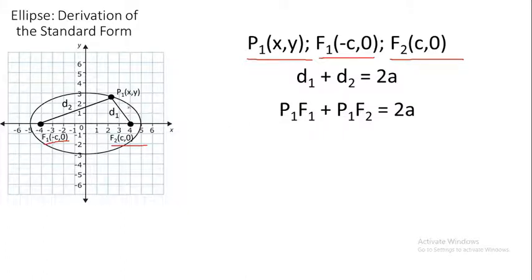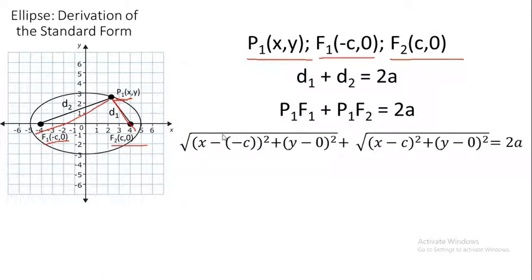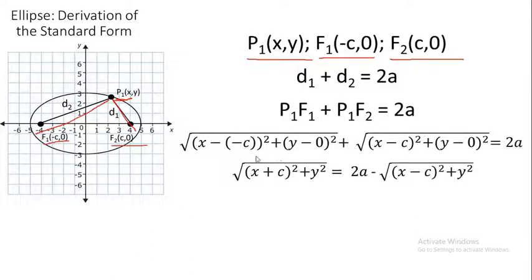The distances are P to f1 and P to f2. Using the distance formula, we can put that measurement in the equation: the square root of quantity x minus negative c squared plus y squared, plus the square root of quantity x minus c squared plus y squared, equals 2a.